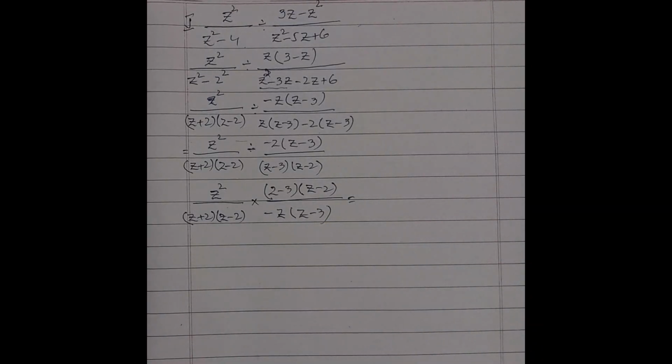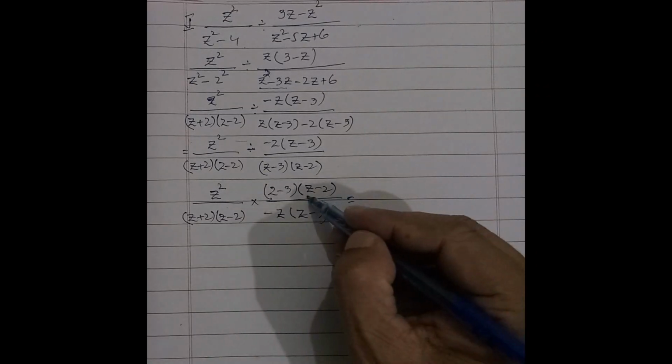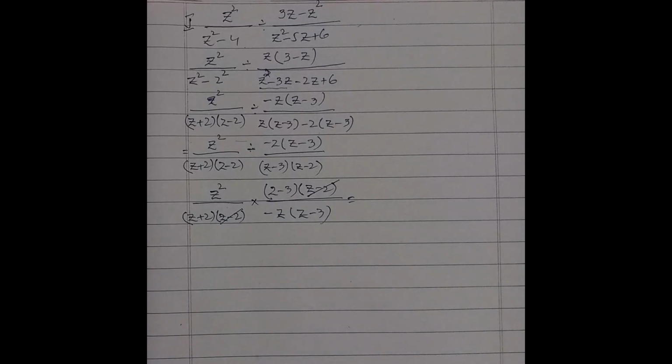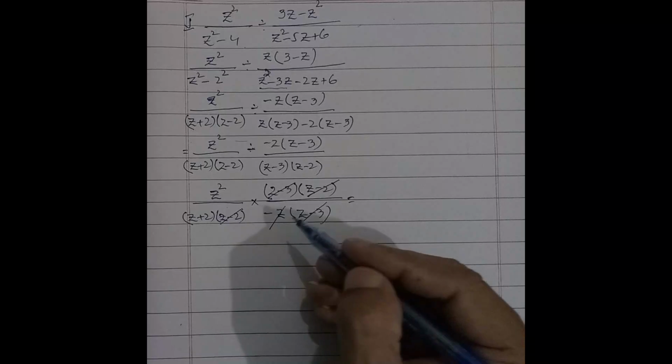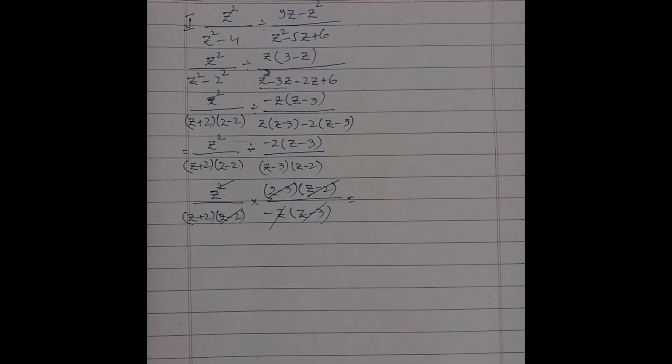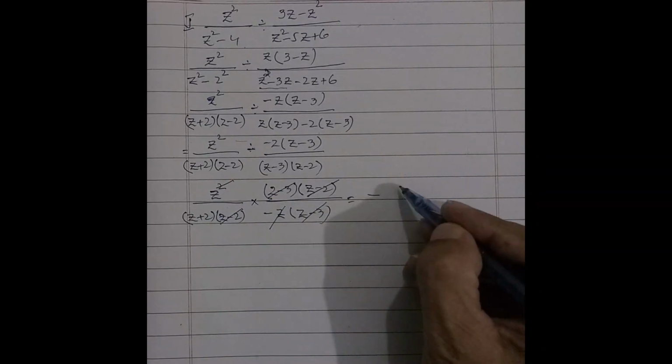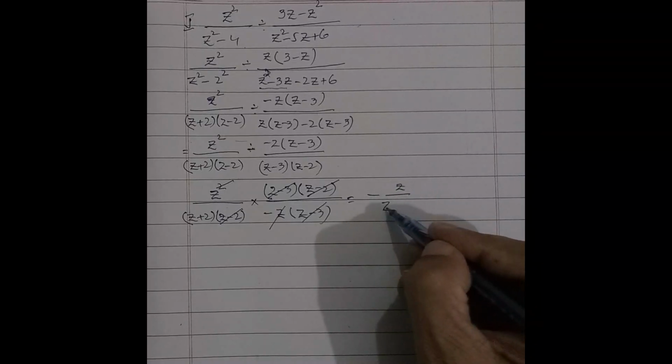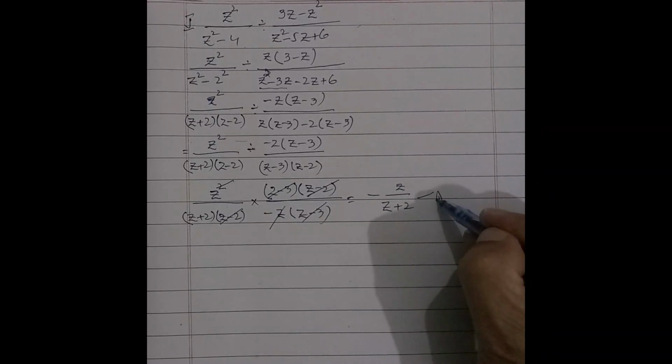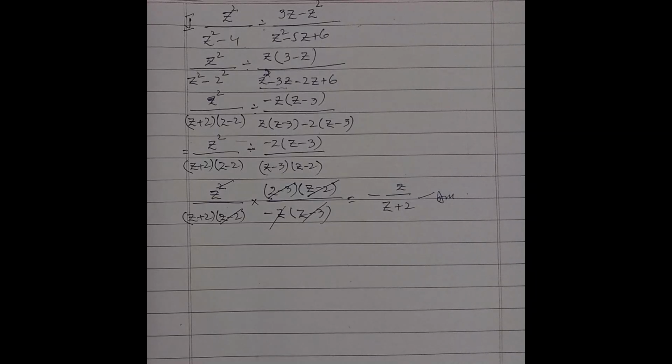Now we simplify the values. z minus 2 cancel with z minus 2, z minus 3 cancel with z minus 3, and this z cancel with z. The answer here is minus z over z plus 2. It is the answer of part of question 6 exercise 1.